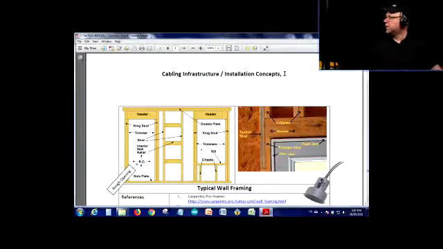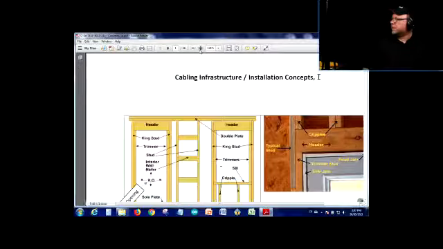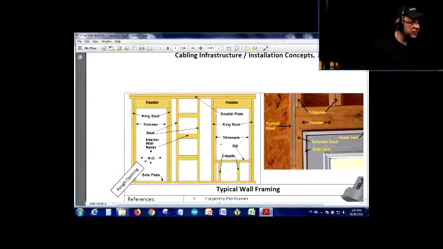Let's start. Cabling infrastructure, installation concepts. The first slide is the wooden or timber type of framing that you're going to encounter a lot. This is mostly done here in Ontario, in residential settings like houses.